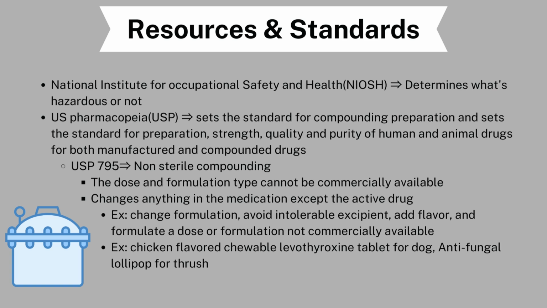Examples of this could be a change in formulation to avoid intolerable excipients. You could add a flavor and formulate a dose or formulation that is not commercially available. Examples: chicken flavored chewable levothyroxine tablets for dogs, or an antifungal lollipop for thrush for a child.